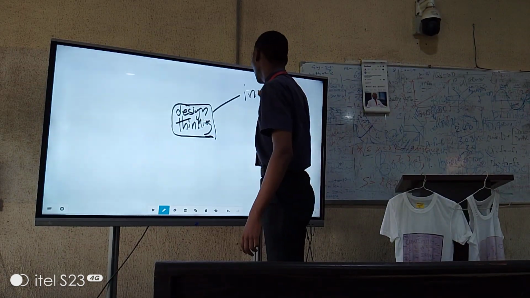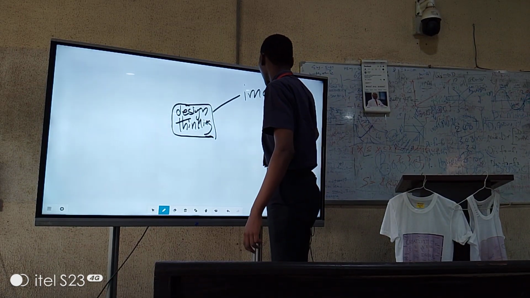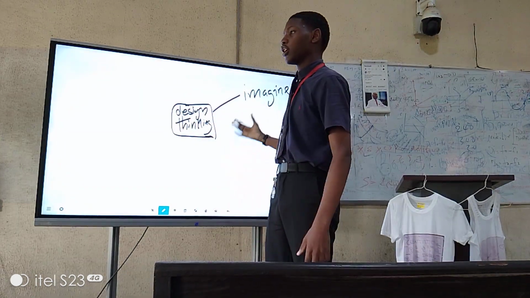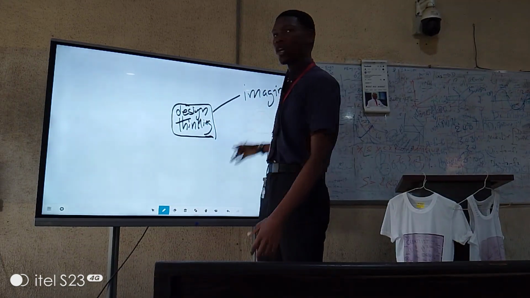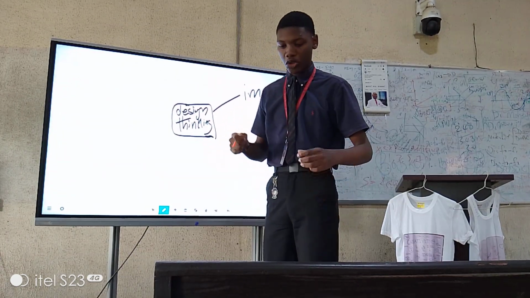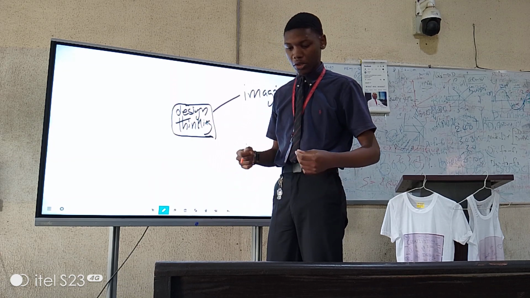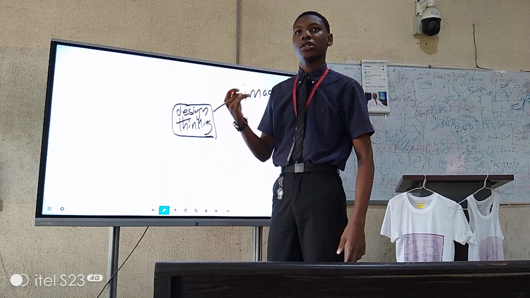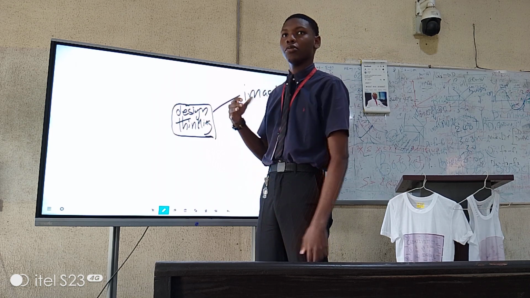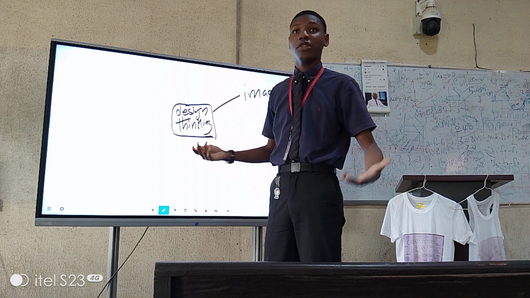Imagine. Then after imagining it, you write it down, put it down, something simple. Because if you keep it on something that's not important, it allows for change and improvements.